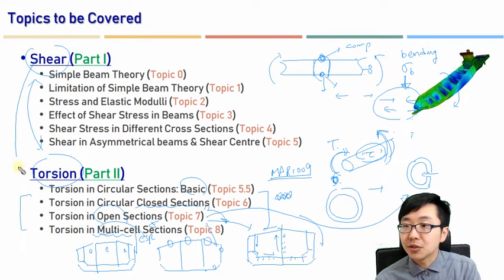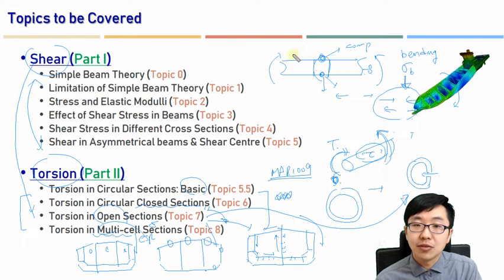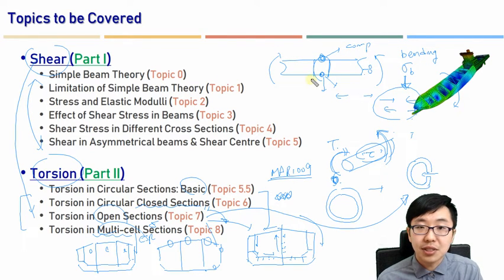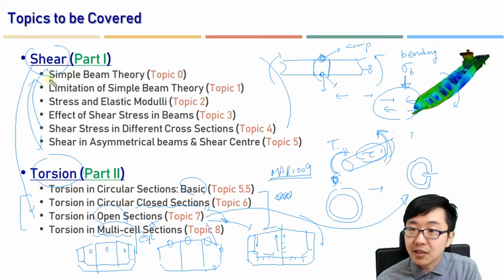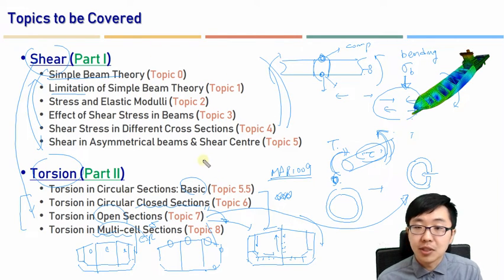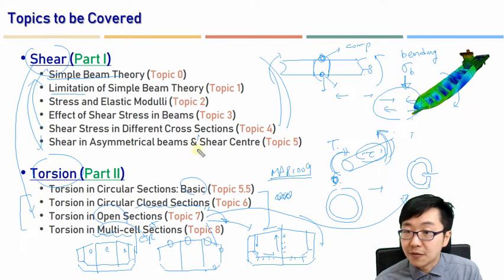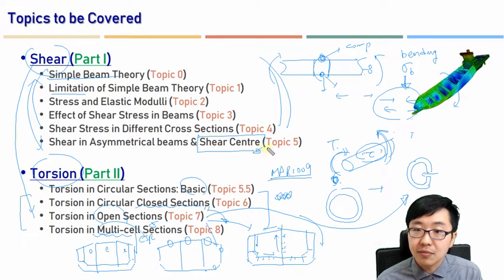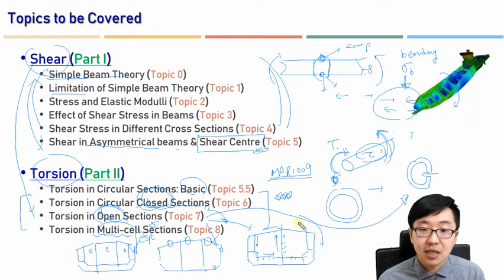So from here you can understand, previously we learned about bending and axial compression, axial tension, and buckling methods. Of course, here we briefly learned about the simple beam theory and limitation, and briefly discussed the shear methods, but here we will focus more on the shear center concept and twisting, asymmetric beam, and torsion in the closed section, open section, and multi-cell section.